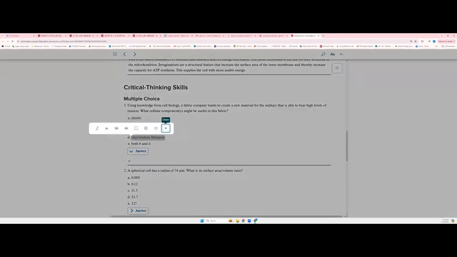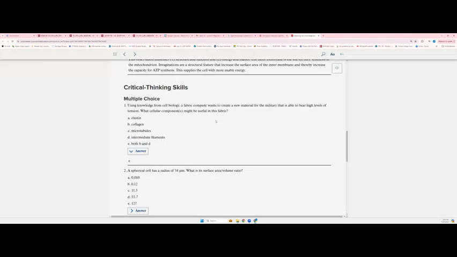Because collagen is some type of protein which has strong tension. For example, our hair is made of collagen. Collagen is a protein. Our hair can extend, right? It's not fragile or easy to break.